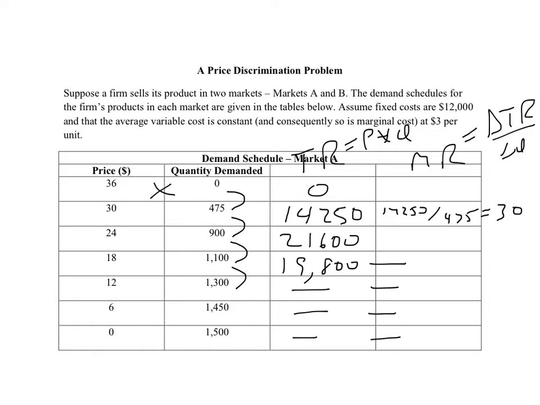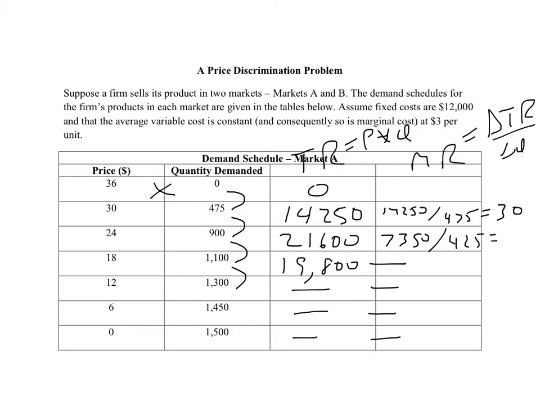Similarly, for the next margin, we take the change in total revenue from 14,250 to 21,600. That's a difference of 7,350. Quantity increases by 425.